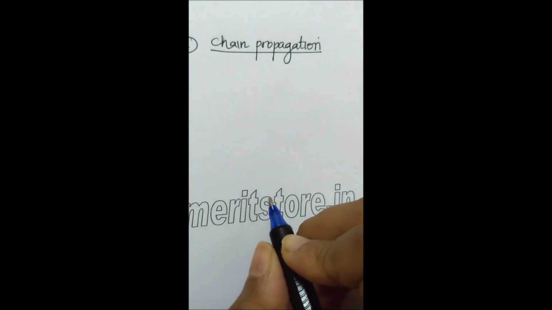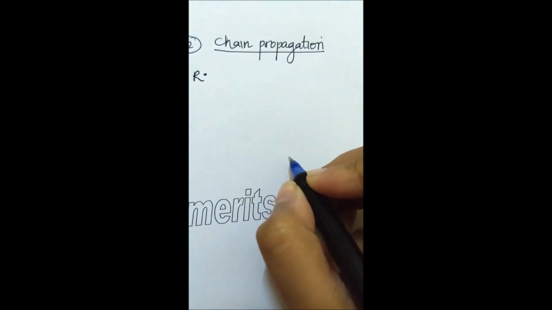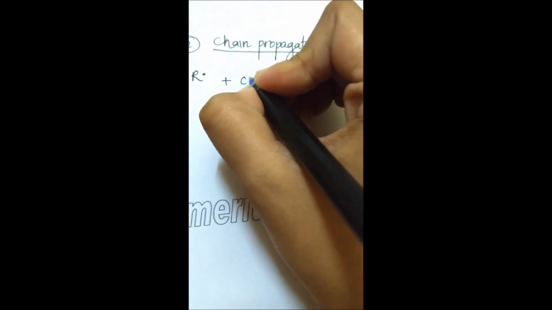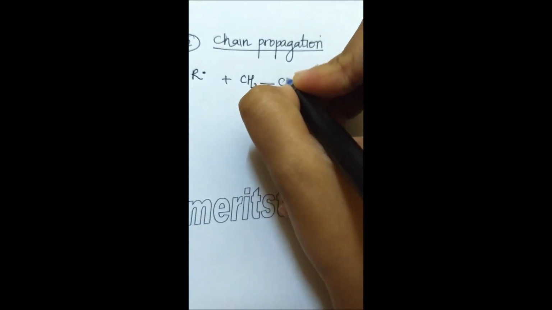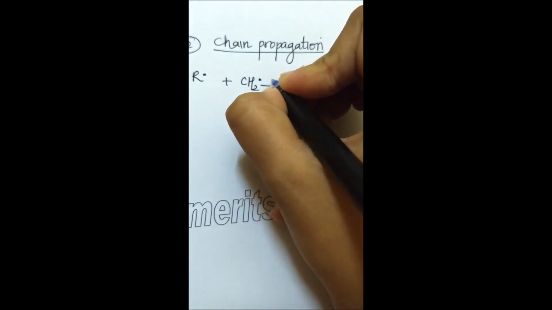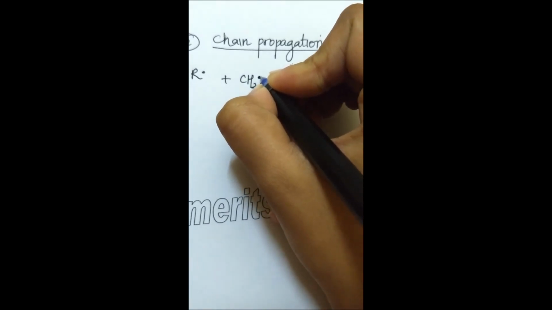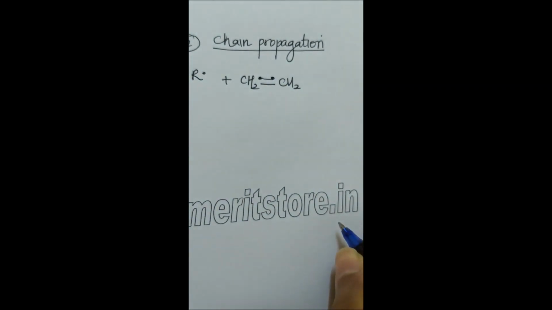The R radical obtained from the chain initiation step now reacts with ethene. I can write ethene as CH2, CH2, and I can show this bond with the two electrons.